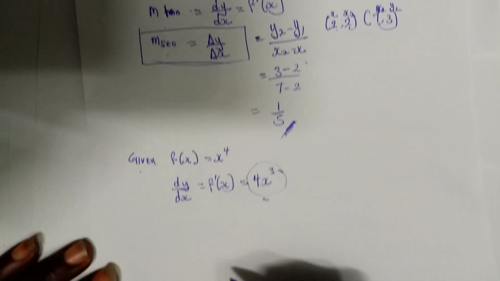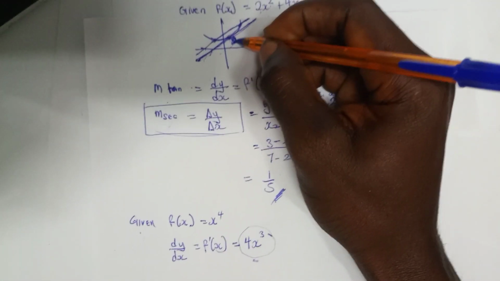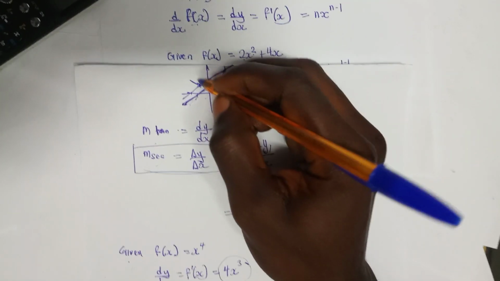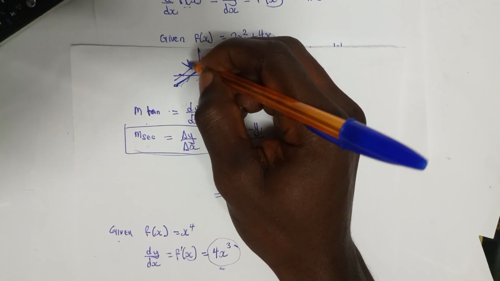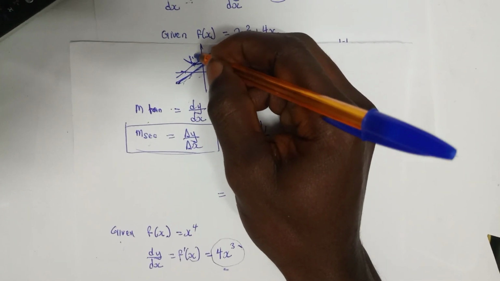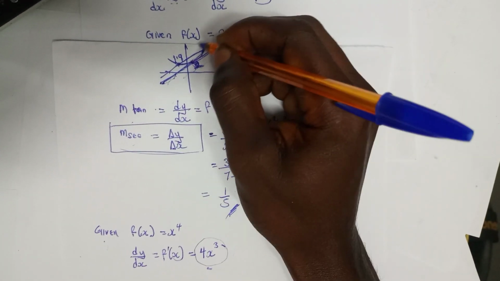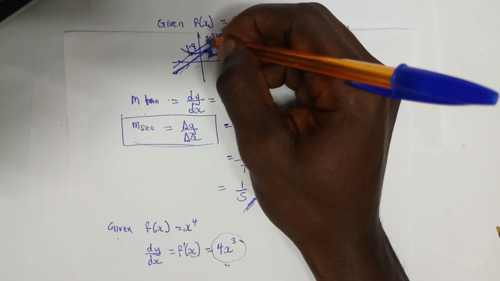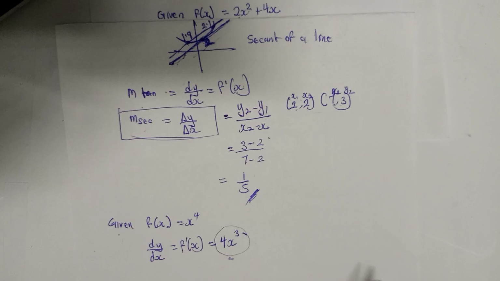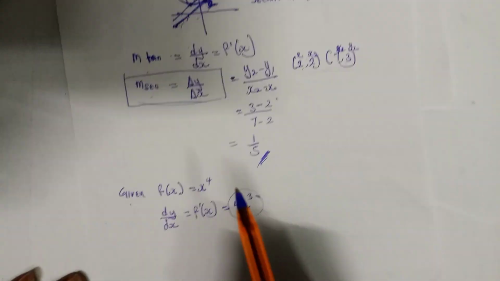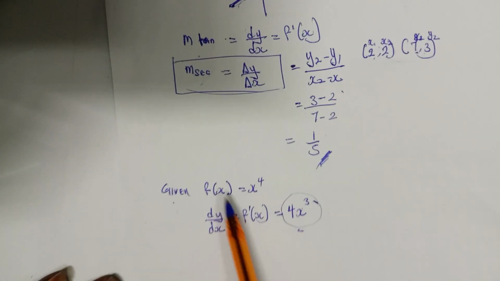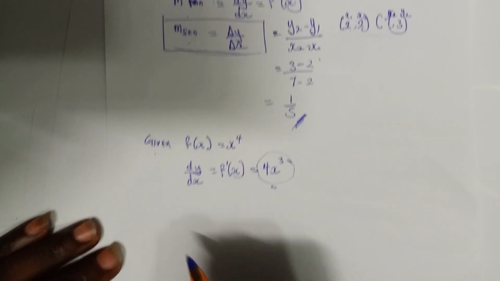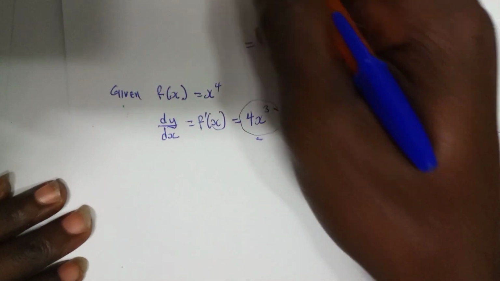Let's take values of x which are closer to 2. So let's say we have 1.9, which is closer to 2, and 2.1, which is also closer to 2. Let's find the gradient of the secant of this line.